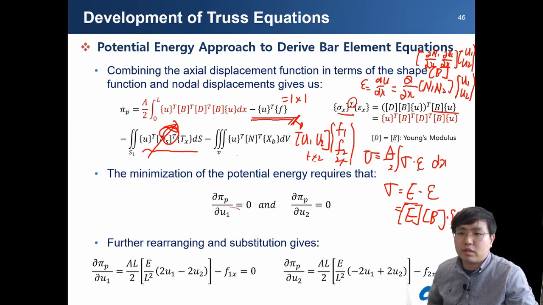It is because in this equation, here 2 by 1 times, sorry, 1 by 2, this is 2 by 1.